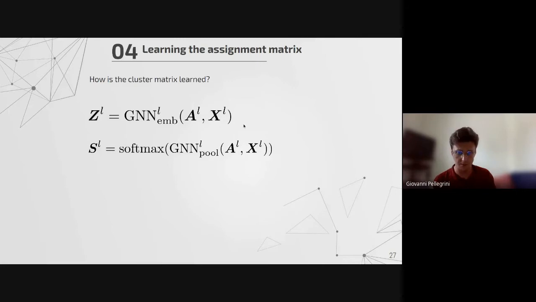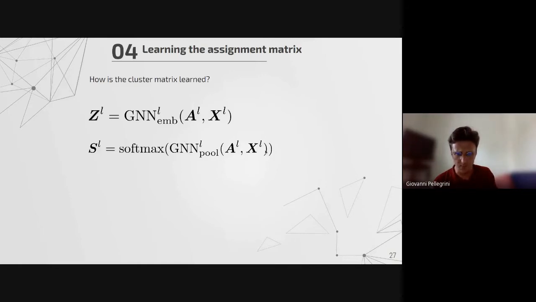This can be whatever graph neural network you prefer. It could be GCN, it could be GraphSage, it can have several convolutions inside of it. It doesn't really matter. The output is what we are really going to look at. So we have 2 of them. One just for computing the embeddings of the nodes. And a second one, which we use for calculating the cluster assignment matrix.